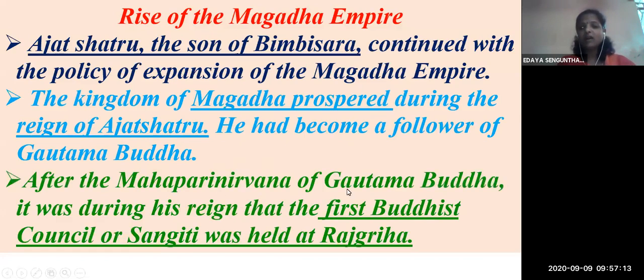After the Mahaparinirvana of Gautam Buddha, it was during his reign that the first Buddhist council, or Sangiti, was held at Rajgir. Remember, the first Buddhist council was held at Rajgriha, that is Rajgir, the capital of Magadha.